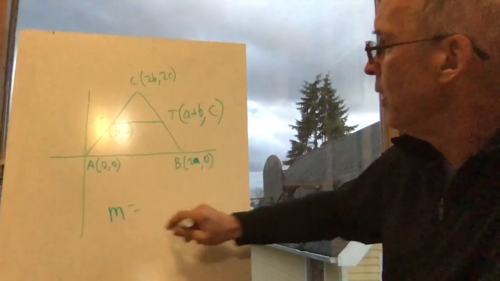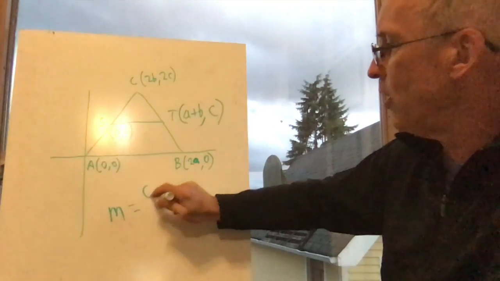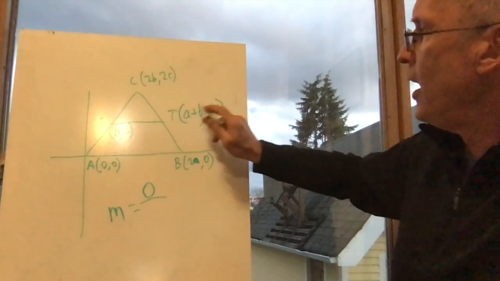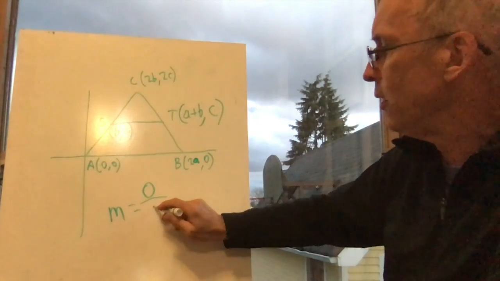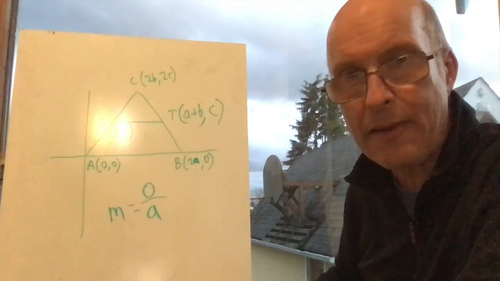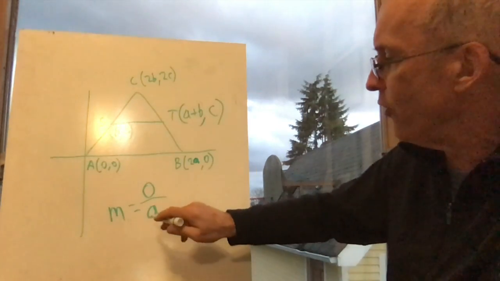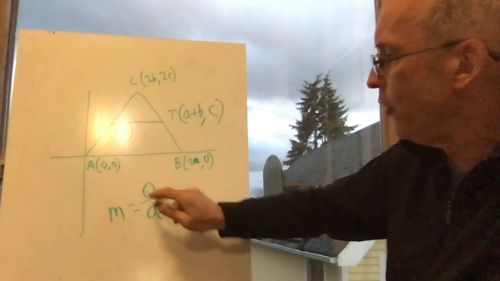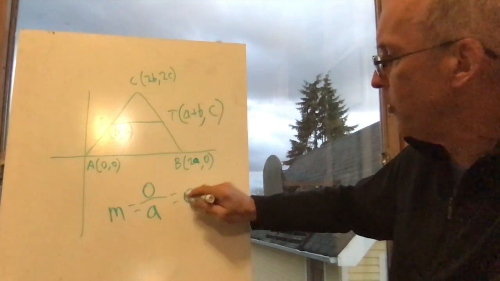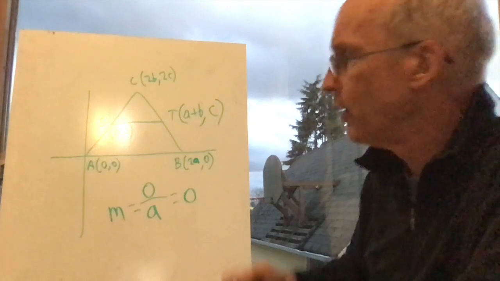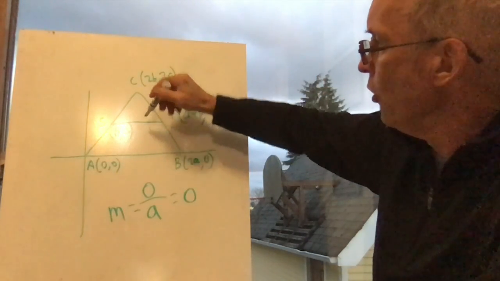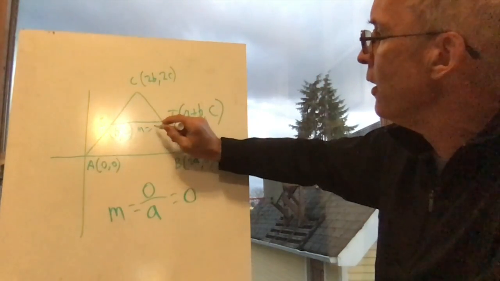Slope: c minus c is going to be 0. a plus b minus b, can you see that's just going to be a? It doesn't really matter what's down here as long as it's not 0, because 0 divided by anything, the slope is going to be 0. So the slope of this line is 0.